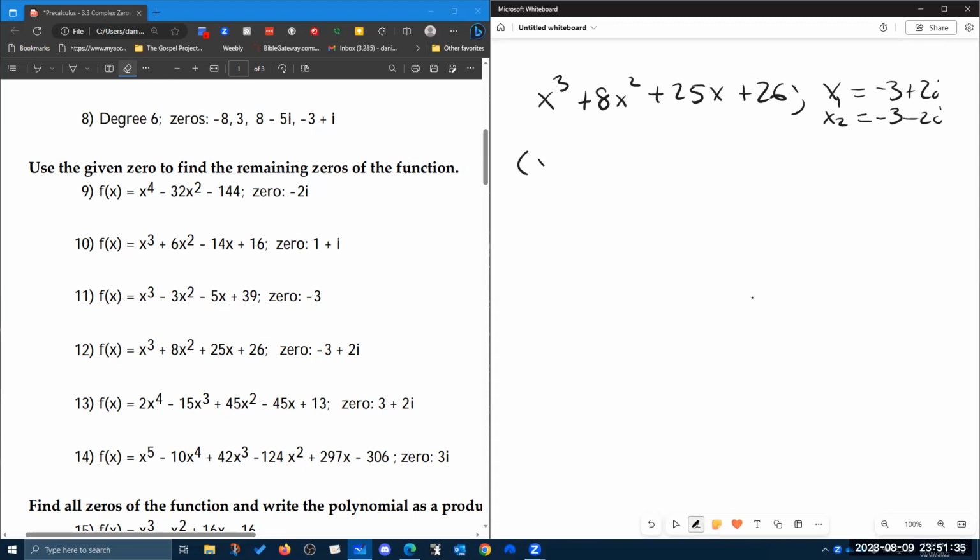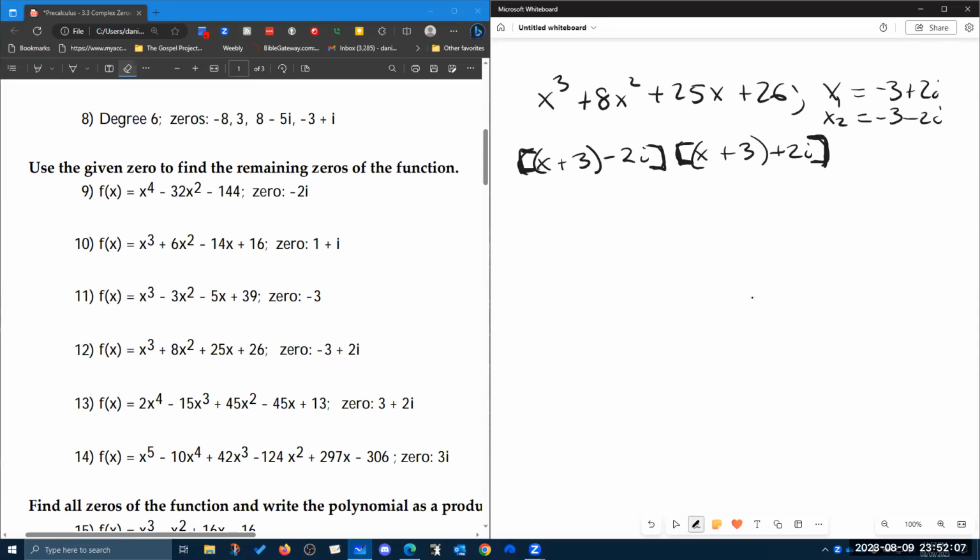That gives us factors of x plus 3 minus 2i and x plus 3 plus 2i. I'm going to show you something kind of tricky here. Change these to brackets. I'm going to put parentheses here. Brackets are just parentheses outside of parentheses.